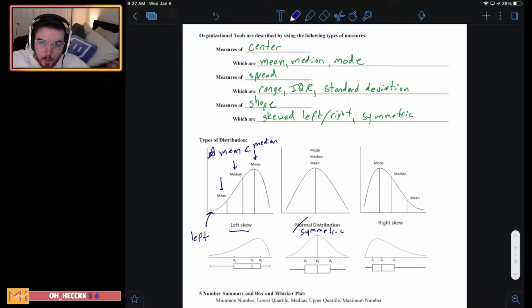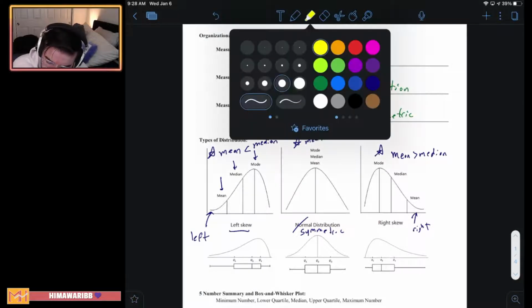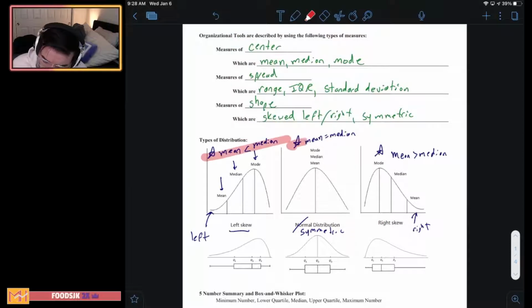There's a normal tail on both left and right, and number-wise, the mean is equal to the median. That, generally speaking, makes something symmetrical. And the tail is, of course, on the right for the right skewed graph. And this time, mean is greater than the median. This info will become useful in a smidge. These three things we'll want to know.